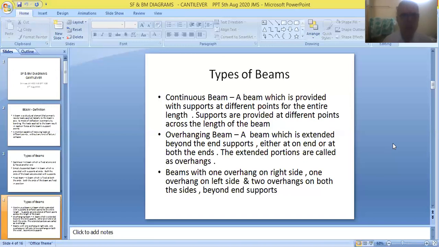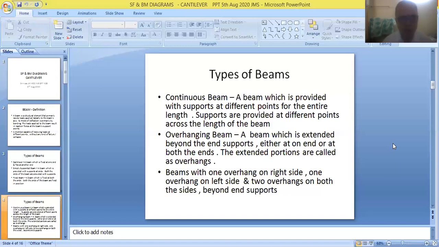So different beams are used in different situations. So mostly we get the problems on cantilevers, simply supported beams, and sometimes we get problems on overhanging beams.